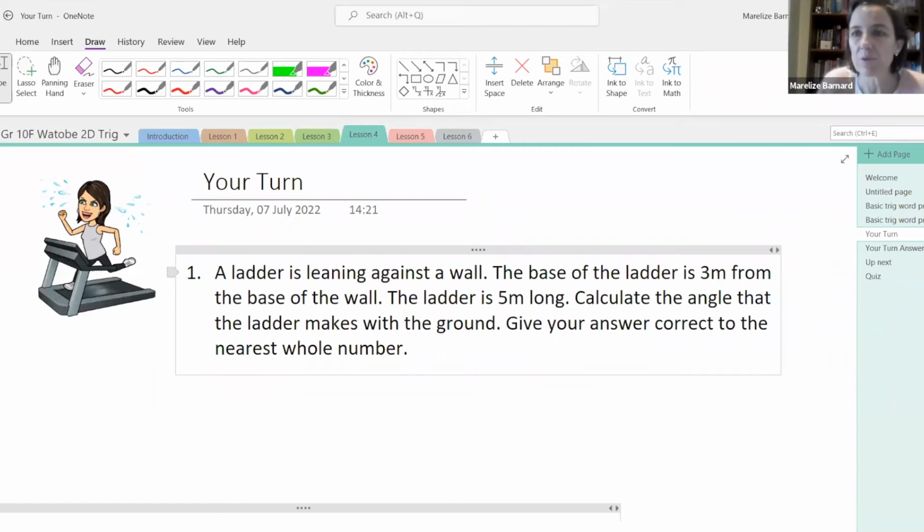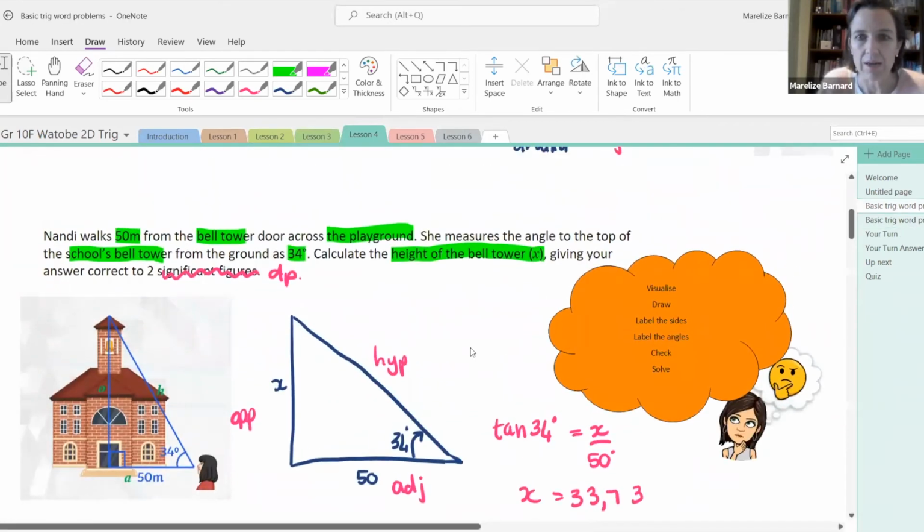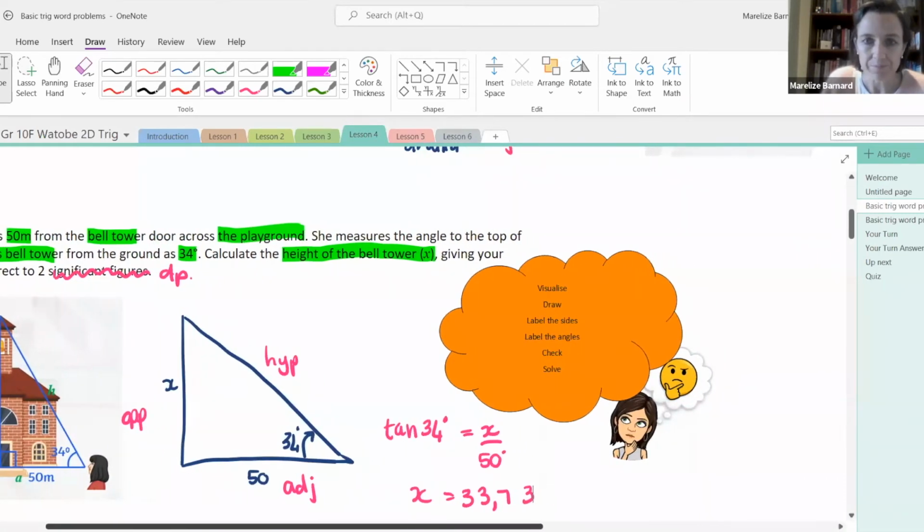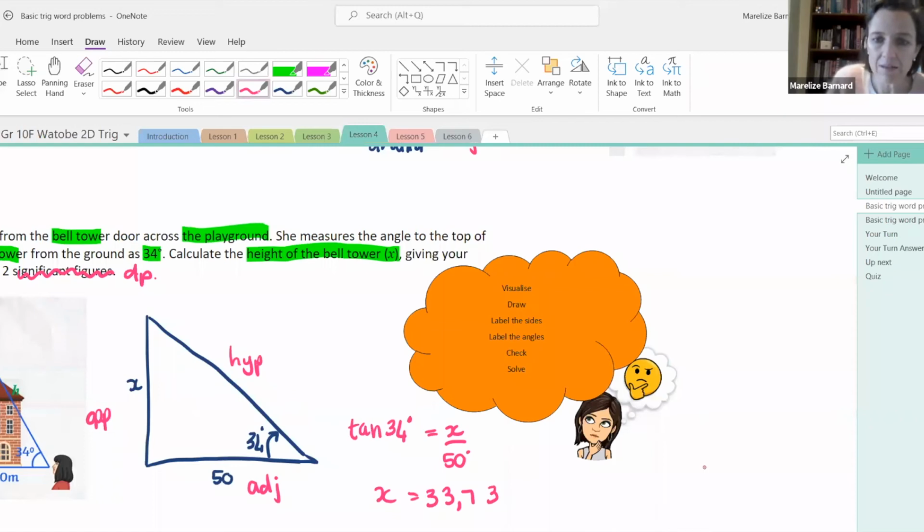Manzini, I'm not sure what you mean by expanding. I'm going to briefly go back to that question for number 2. Not sure what you mean with expanding, because that's pretty much it. You go tan 34 is equal to x over 50. And people are posting reading faces, but I haven't posted the question yet, so I don't know what you're reading.